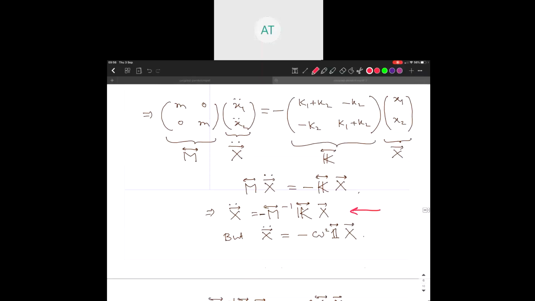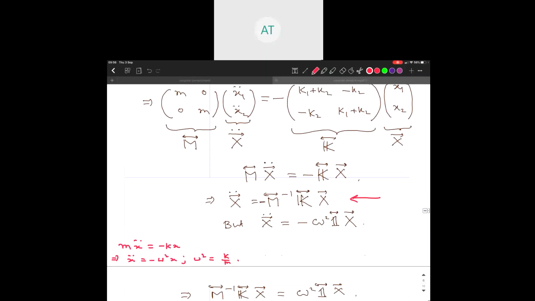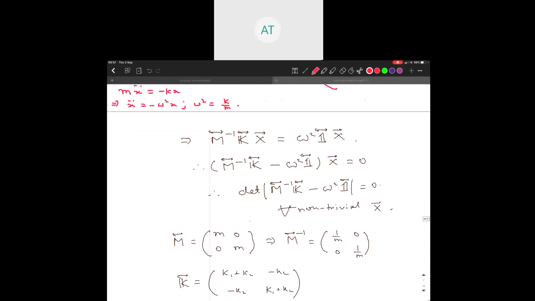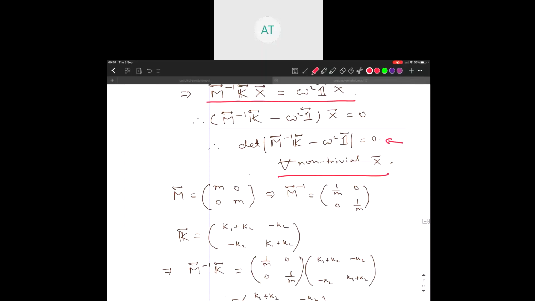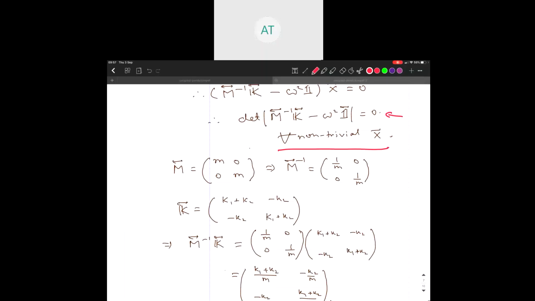So it's like M inverse K minus omega square identity times x is 0. For all non-trivial x, this expression has to be satisfied. In our specific example, M is given by a diagonal matrix with entries M and M. So it is very easy to see that M inverse would be 1 over M along the diagonal elements.